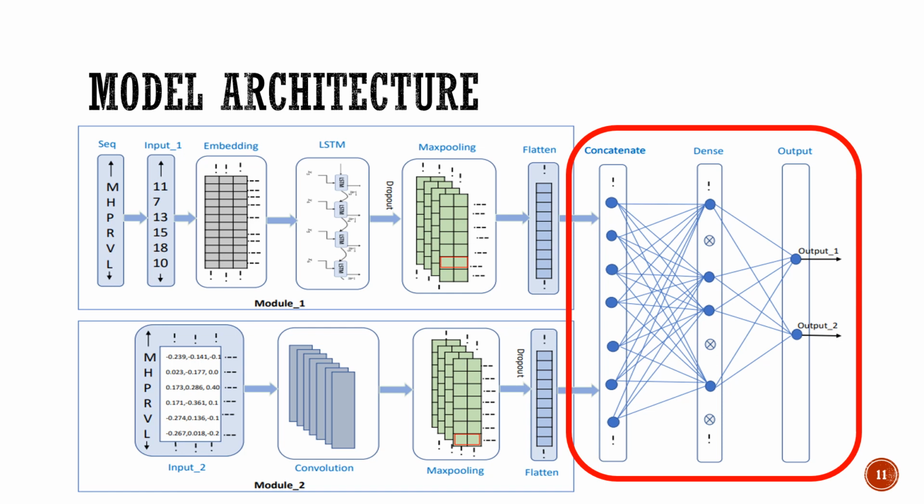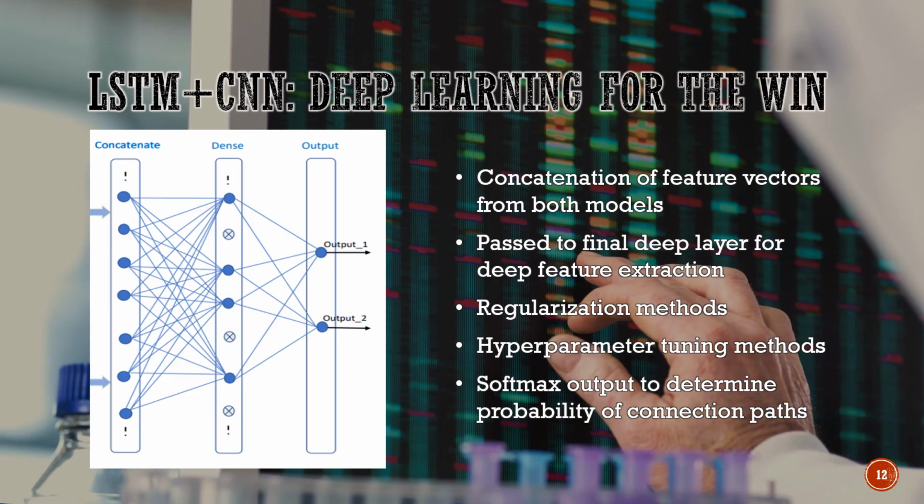So at the very end, we get to the concatenation process, and this is the final output, the really cool thing. In this spot, both of the modules are concatenated, each of them containing the feature vectors. They're passed to the final deep layer for the deep feature extraction, and then using typical regularization methods.